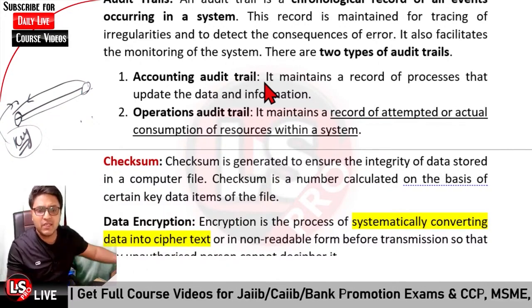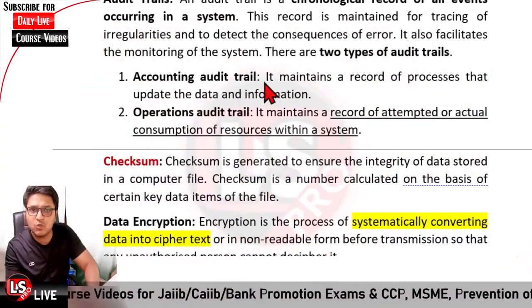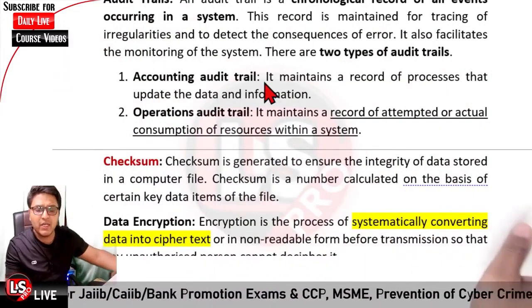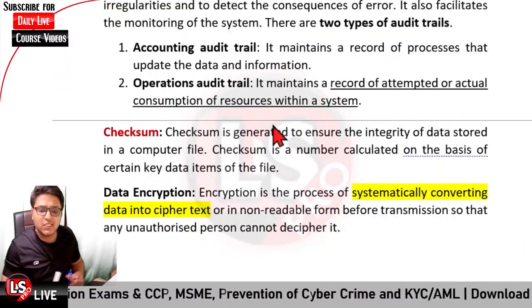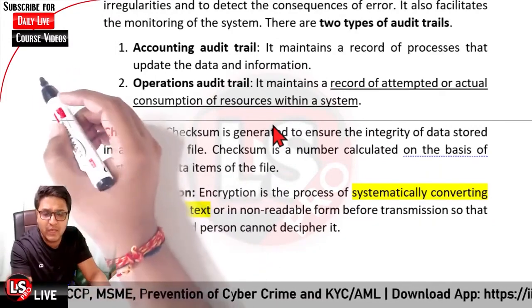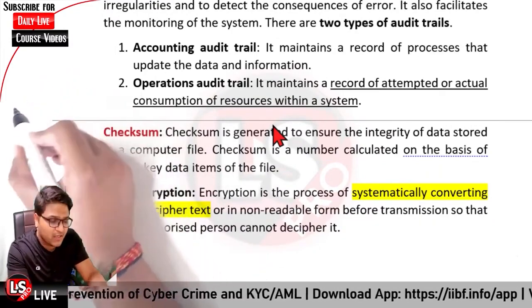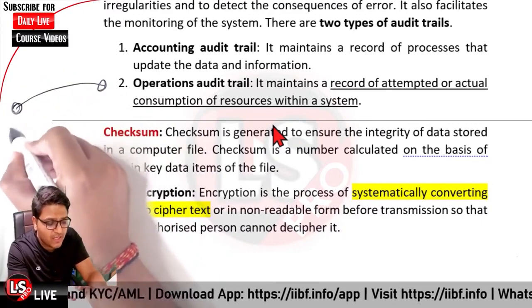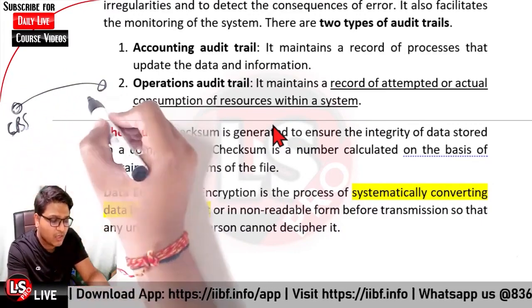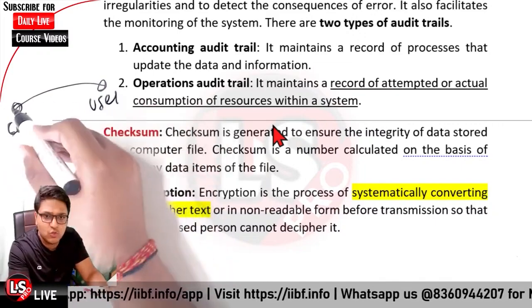Okay. Then it is regarding the data encryption. So data encryption is basically systematically converting the text into cipher text so that it cannot be intercepted in between. As I just told you, there could be a change in the data when the data was moving from one user to another, or from the CBS to the user, or user to CBS.